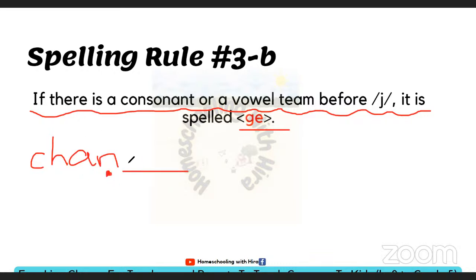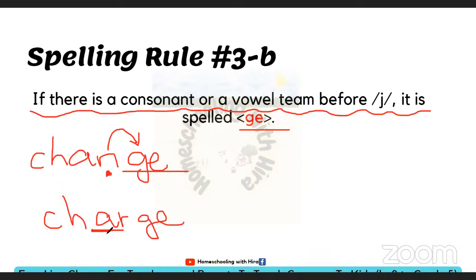Change, j is coming here. So we will write G-E. After a consonant, we cannot write D-G-E. Or if we have C-H-A-R-G-E, this is an R-controlled vowel. R, okay? Charge. So even after an R-controlled vowel, you will write GE.